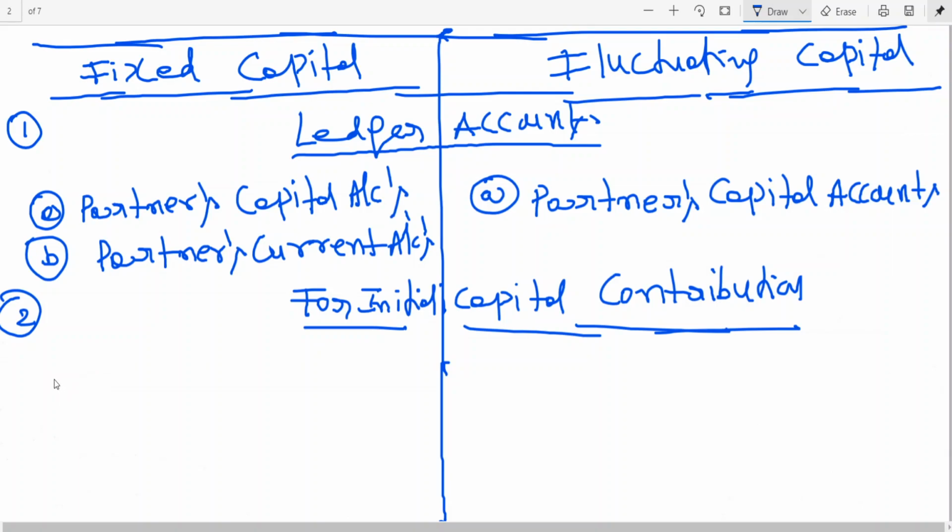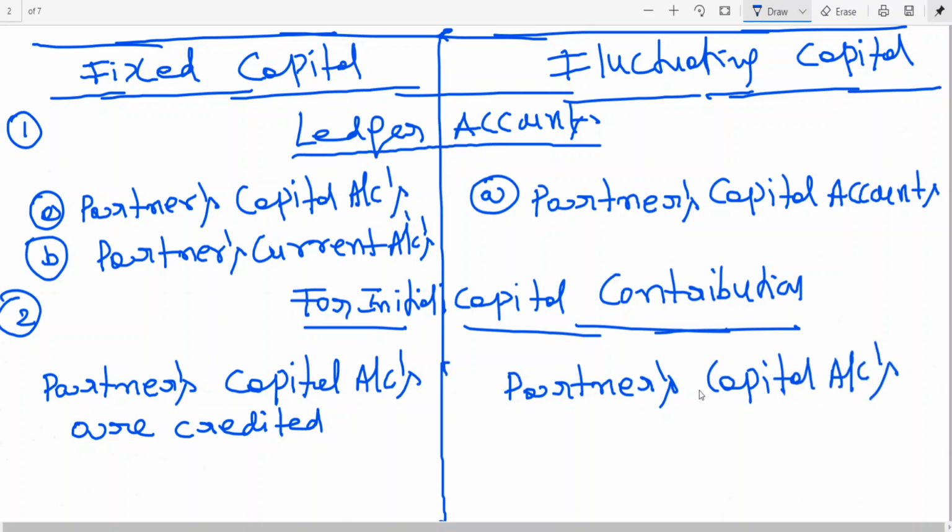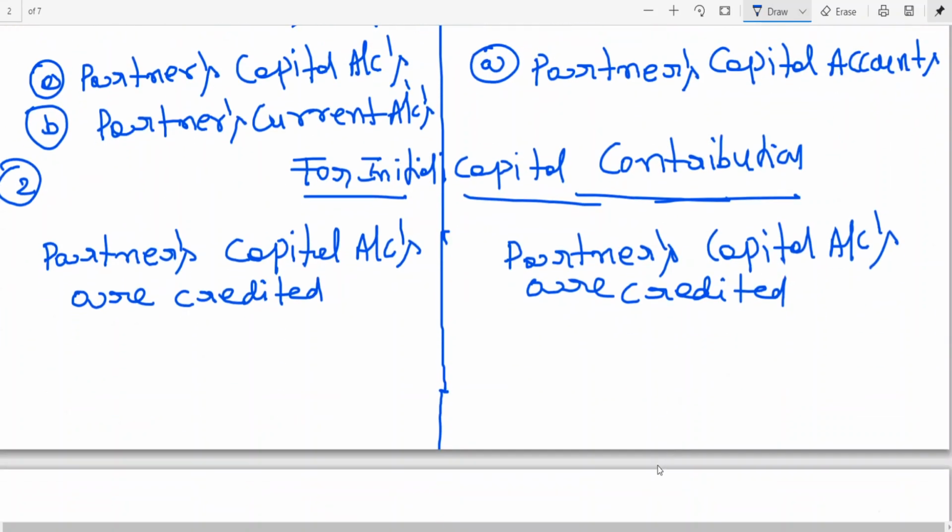For initial capital contribution, here partners' capital accounts are credited. Here also partners' capital accounts are credited. What is the entry? Cash to partners' capital. Here also cash to partners' capital account for initial capital contribution.